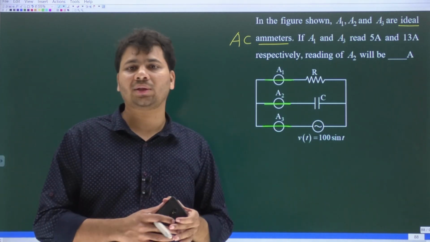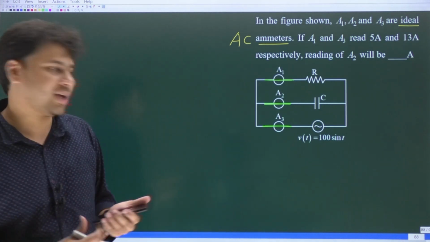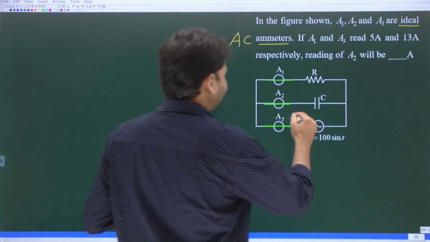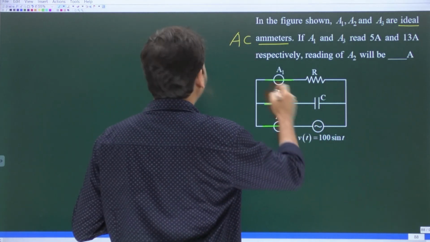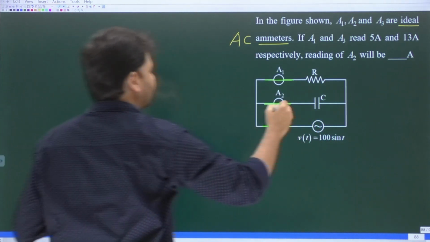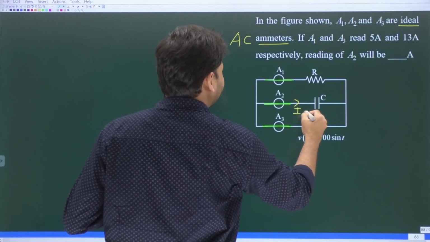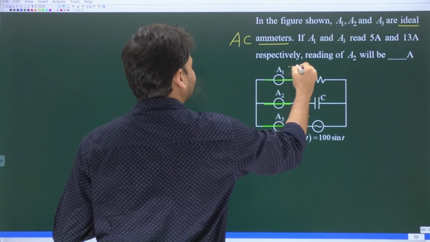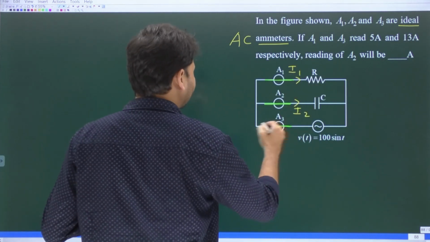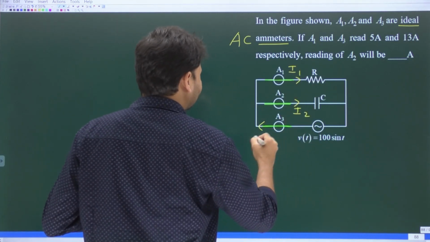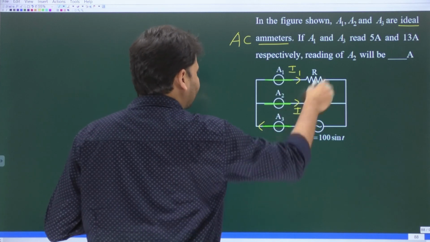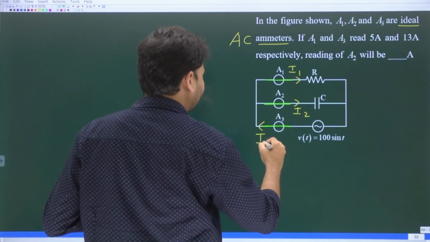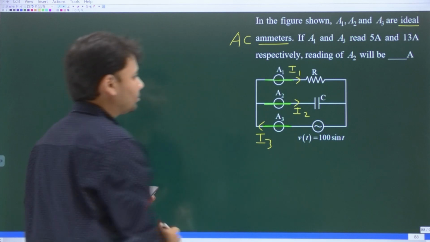So what is the same for all the 3 elements? Voltage will be the same, okay? In fact, the capacitor will draw some current from the source. Let that current be I2. Even the resistor will draw some current from the source. Let that current be I1. And the source will supply a current to this RC network. Let that current be I3.